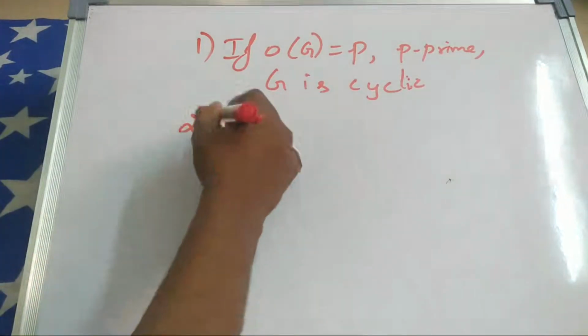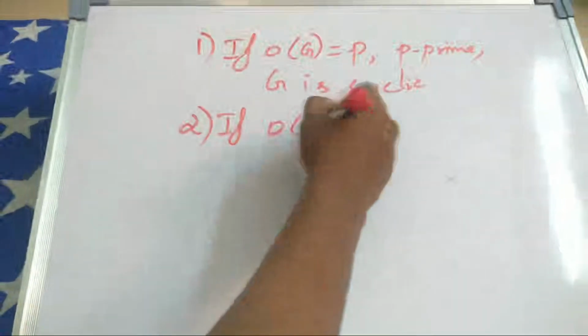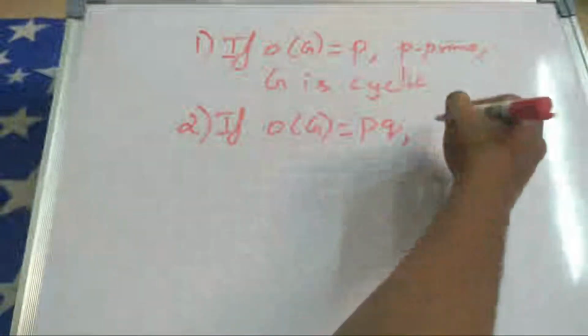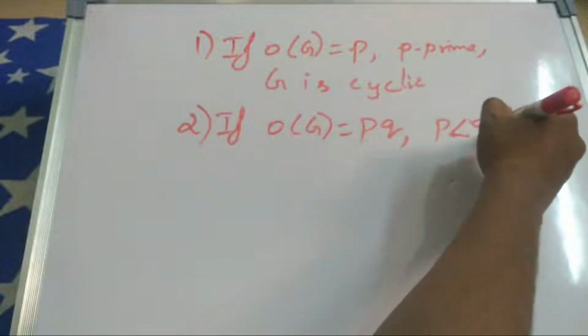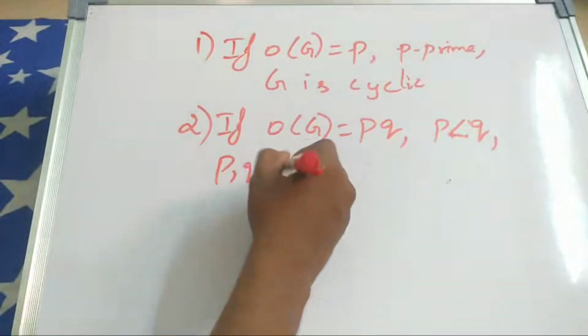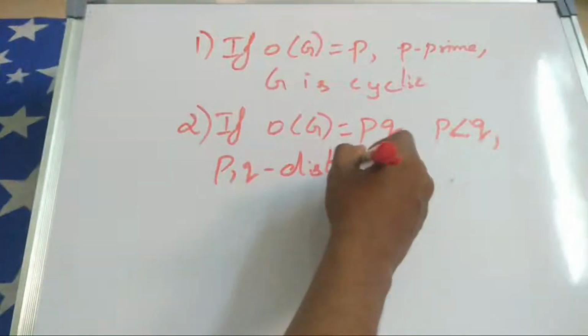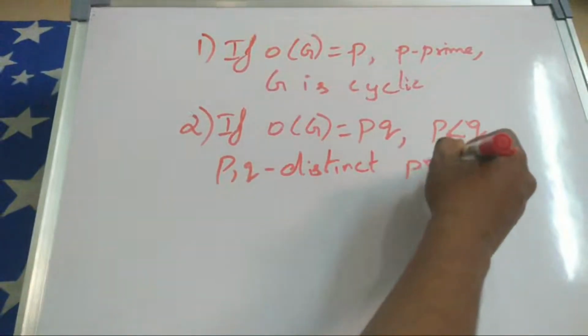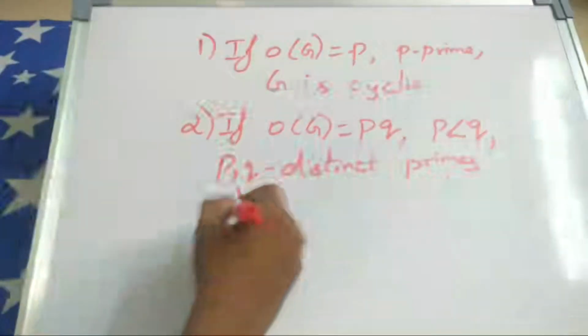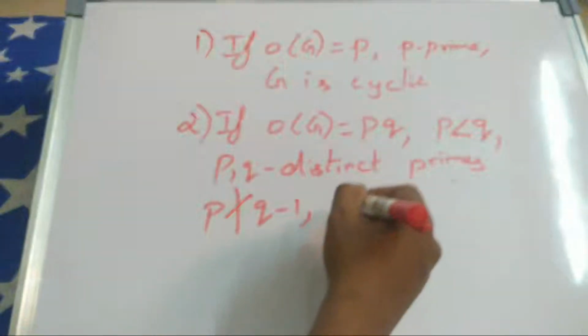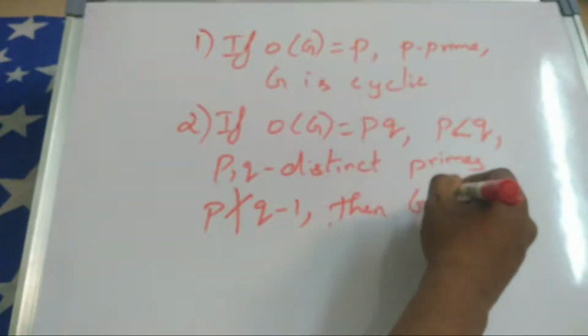Next, if the order of G is PQ, where P less than Q, P and Q are distinct primes, and P does not divide Q minus 1, then G is cyclic.